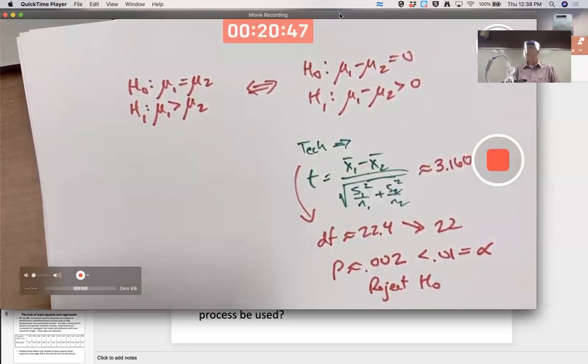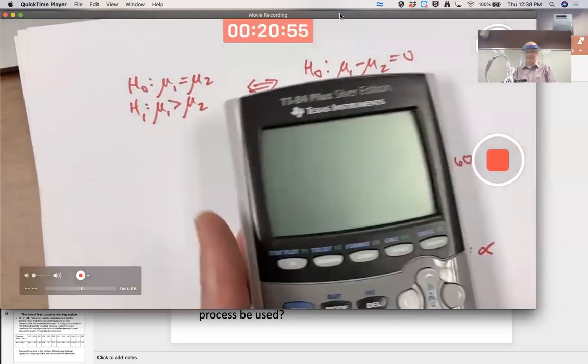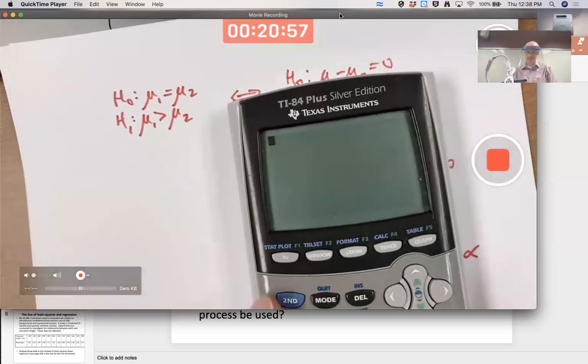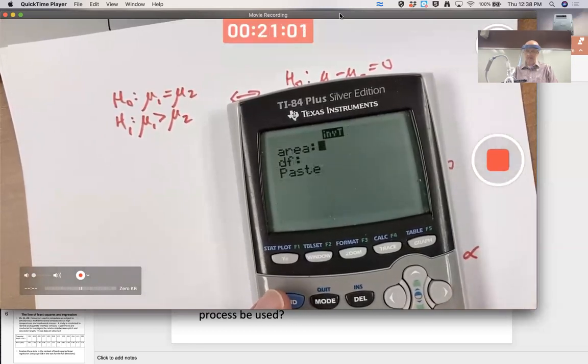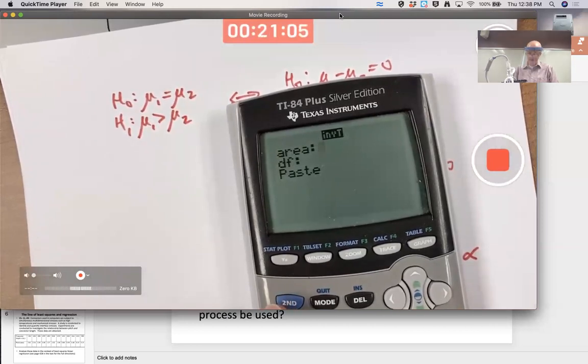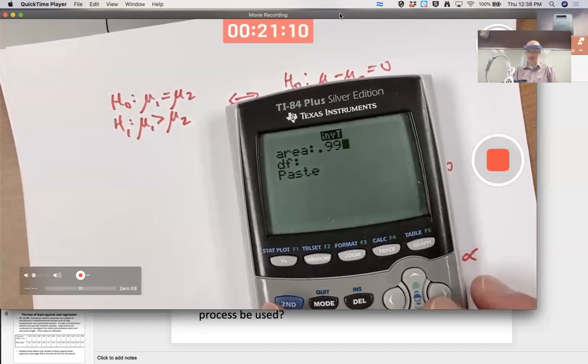If we were trying to do this avoiding a p-value and focusing on a rejection region, we could figure it out in terms of the T statistic by using inv T. If alpha is 0.01, the area to the left is 0.99. These are CDF values for that area.